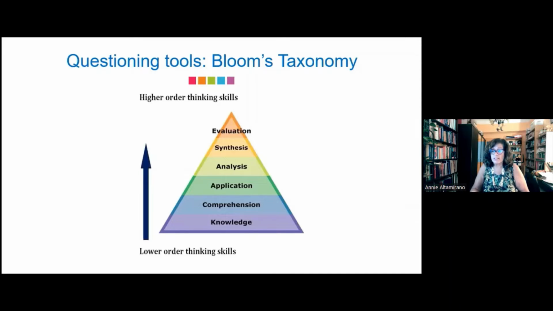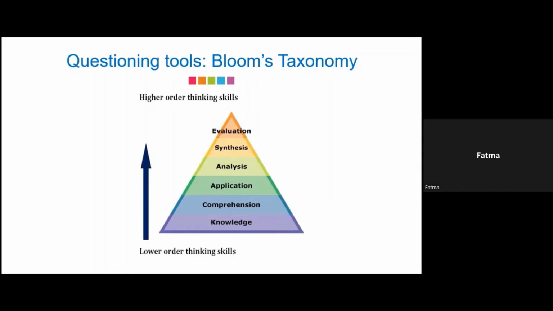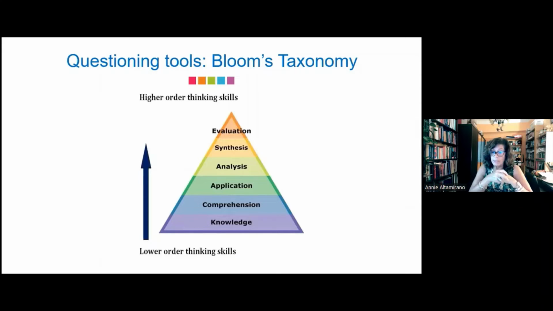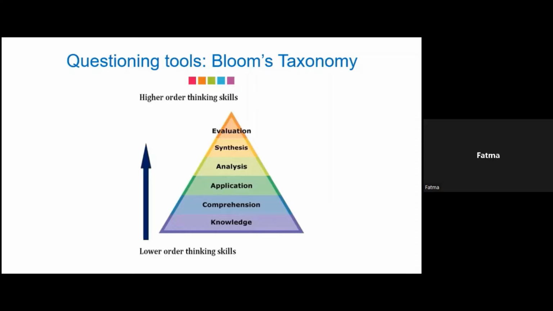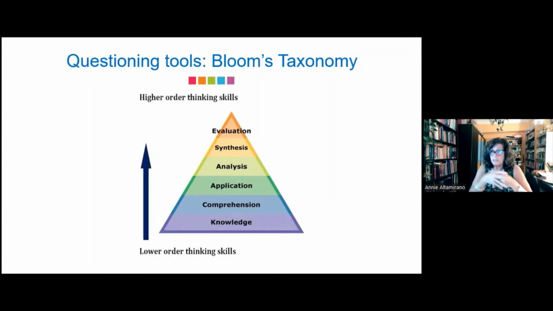What I suggest is use Bloom's taxonomy to do the work for you. You can find lots of examples online of different verbs that are appropriate for different levels of the taxonomy as the basis for your questions. If you Google Bloom's taxonomy questions, you're going to find very useful tables and examples.